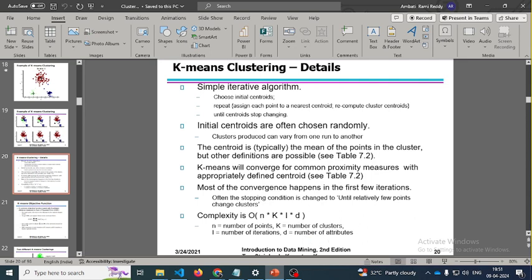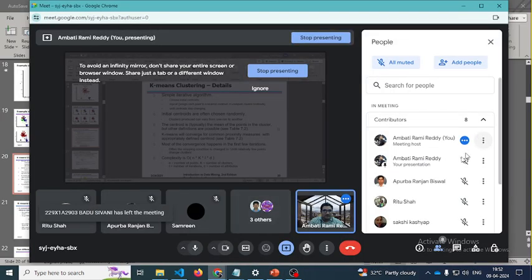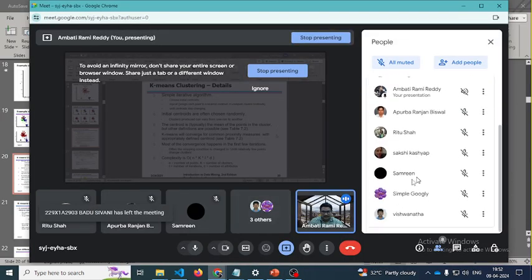So whenever someone asks what is the complexity of k-means clustering, you need to say it like this: order of n into k into I into d.